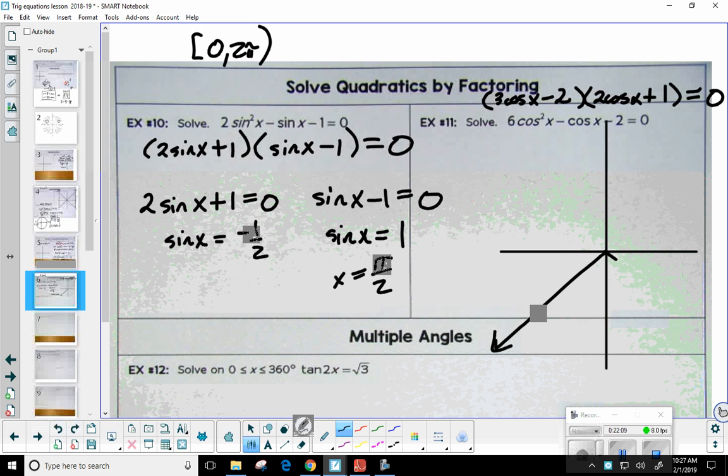So I'm going to draw one here, connect it to the x. Now, sine's ratio, again, is y over r, the opposite over the hypotenuse. So that'd be negative 1, 2, negative 1, 2. And again, you start to notice the similarity here. What's the other missing side? Square root of 3, so that's a negative square root of 3. Now, I need this angle, but I also need to start right.